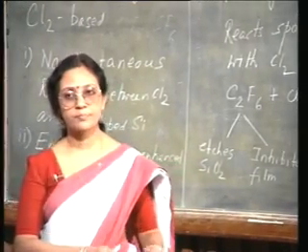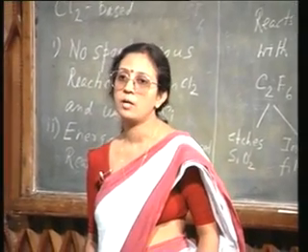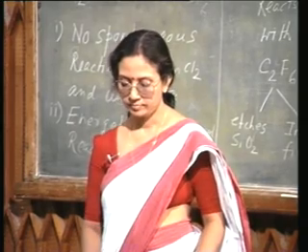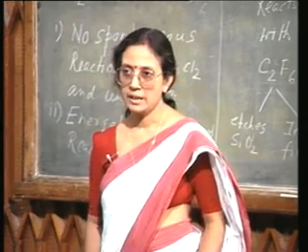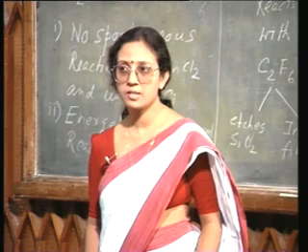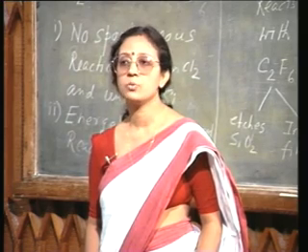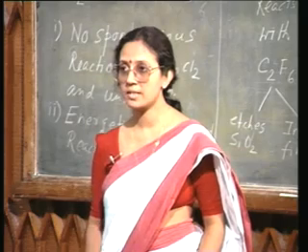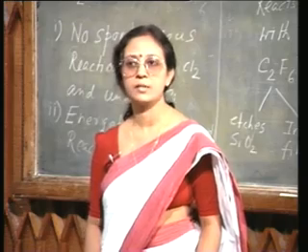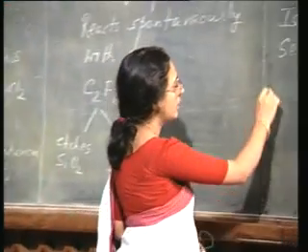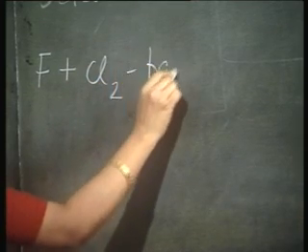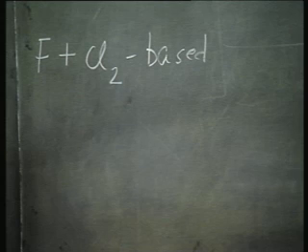You can of course play with a combination of chlorine and fluorine. In that case, usually ClF3 and chlorine, ClF3 and Cl2, these are used as the feed gas. That is, the feed gas has two constituents, one is chlorine, the other is ClF3. So, I can have a fluorine plus chlorine based etching.